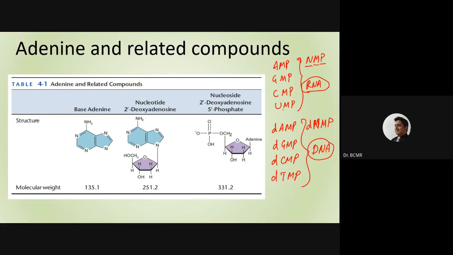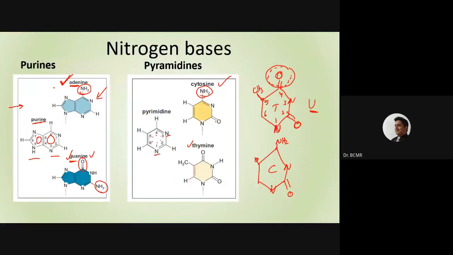Okay, so what is the difference between RNA and DNA? What is the difference between ribose and deoxyribose? One oxygen atom, right? You have one oxygen atom difference between ribose and deoxyribose. What is the difference between cytosine and uracil? I'll go back so that you will be able to recollect here. All the difference is one methyl group.